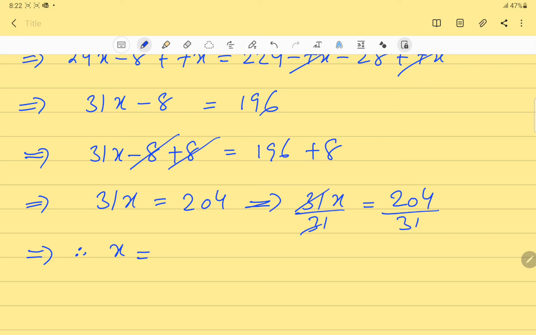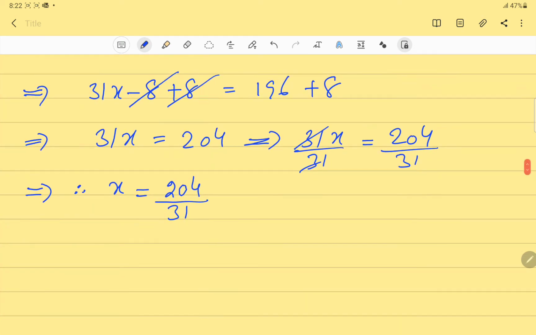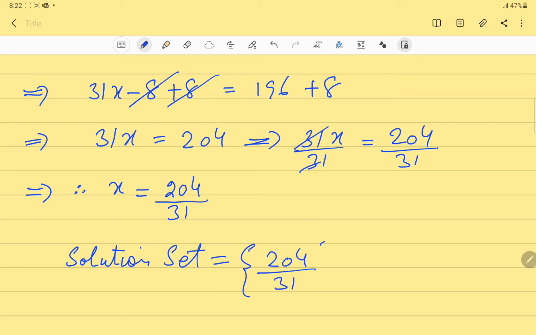Therefore x is equal to 204 over 31, which is the solution set of this question, and the answer as well.